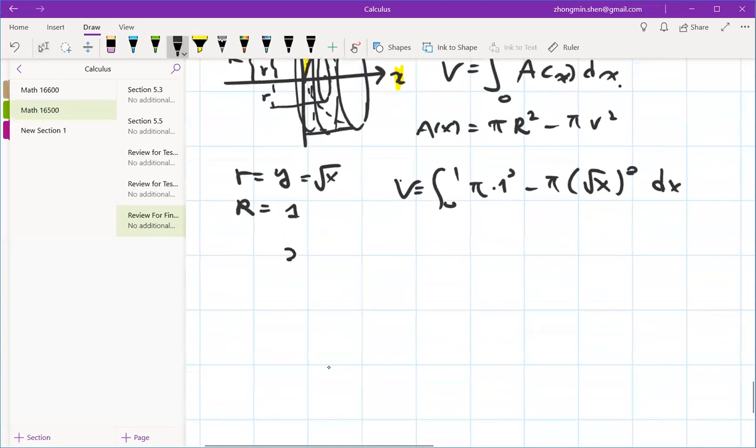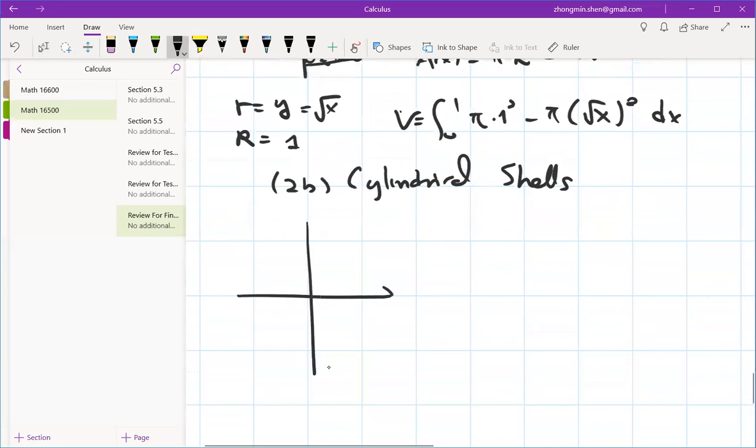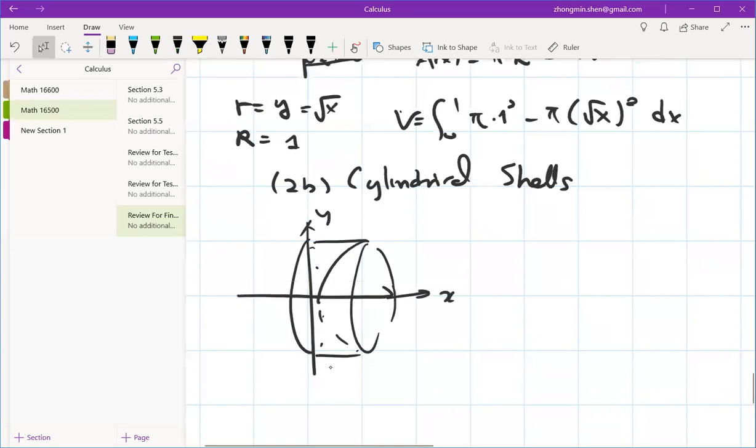Okay, so the second method uses cylindrical shells. Okay, so here, this is the original piece, right? It's not changed yet.